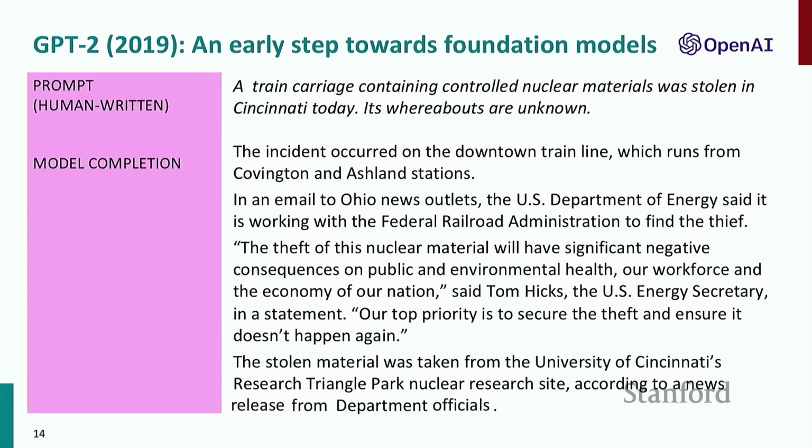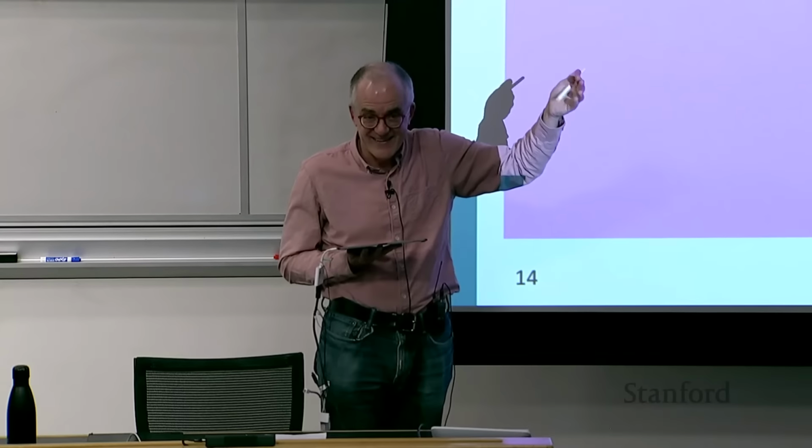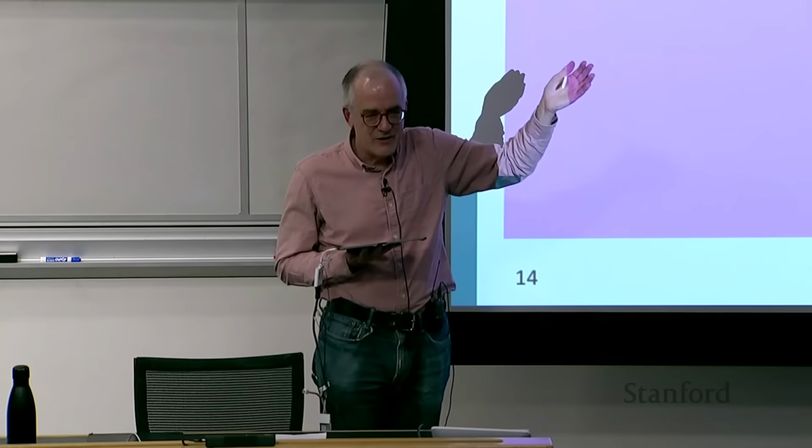And so from that simple method of generating words one after another, it's able to produce excellent text. And the thing to notice is that this text is not only formally correct, the spelling's correct and the sentences are real sentences, not disconnected garbage, but it actually understands a lot. The prompt said there were stolen nuclear materials in Cincinnati, but GPT-2 knows a lot of stuff.